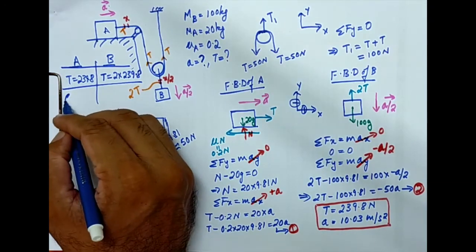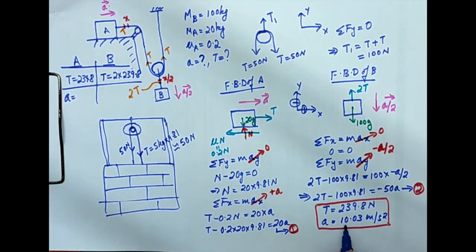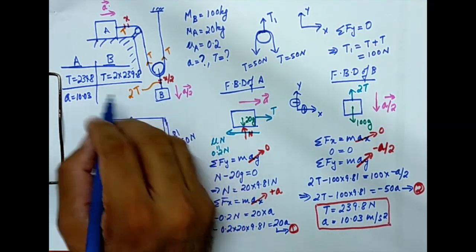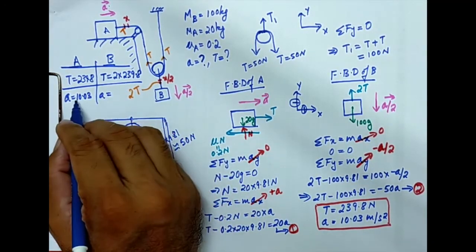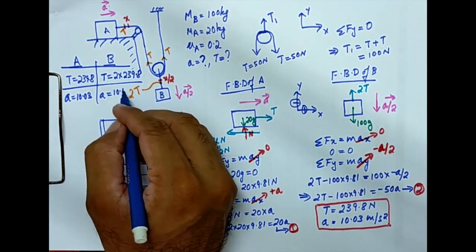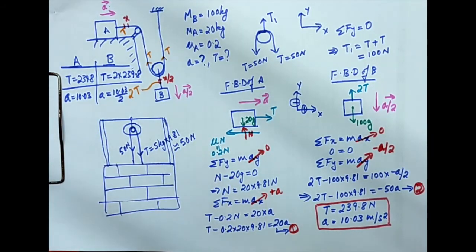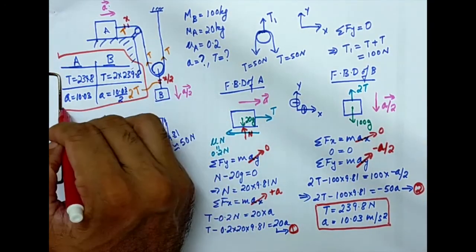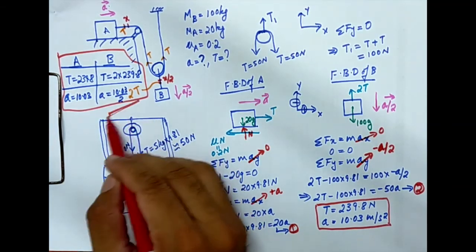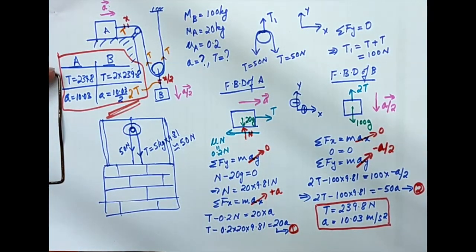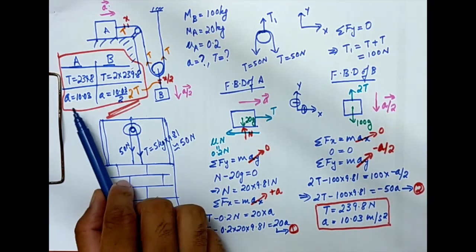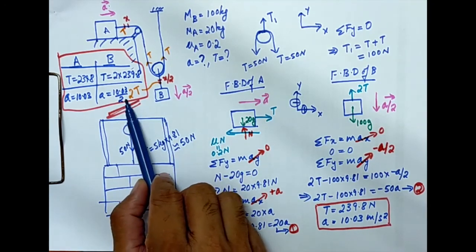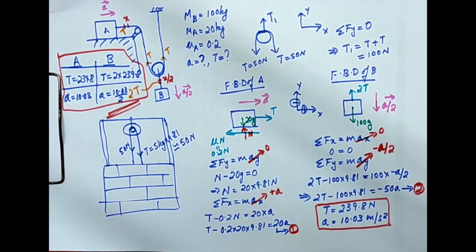Similarly, acceleration for block A is the value what I got, 10.03, and for block B is A by 2. So acceleration of block B is half of this, that is 10.03 by 2. So this forms the final answer: for block A, tension in the cable and acceleration of the block; for block B, tension in the cable and acceleration of the block. So this gives the final answer.